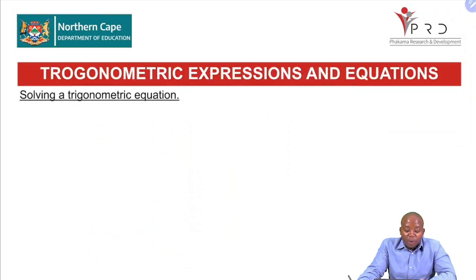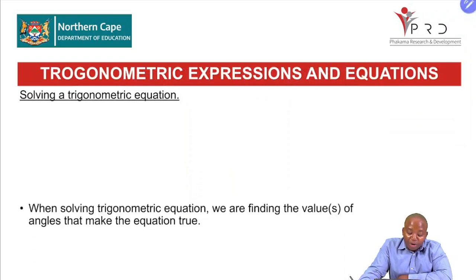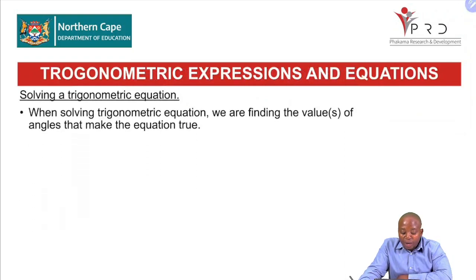Now, specifically when we are looking at the trigonometric expression, we are dealing with it when they say solve for a certain trigonometric expression, or they say represent it as one trig ratio. When we are dealing with the equation, what are we supposed to do?